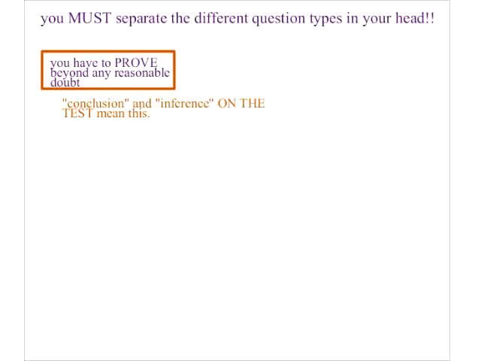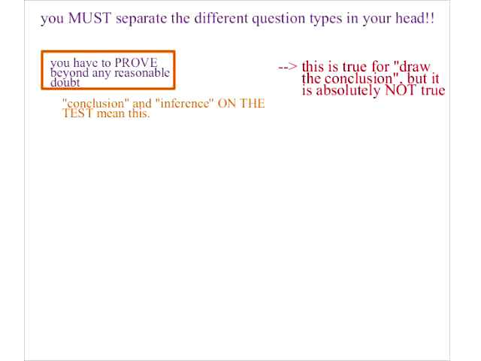This is true for draw the conclusion, but it's absolutely not true for other question types. If you apply it to other question types, you're going to get in really big trouble. In particular, if you try to apply this to strengthen and weaken type questions, which are the most common question type, you're going to be in very big trouble.